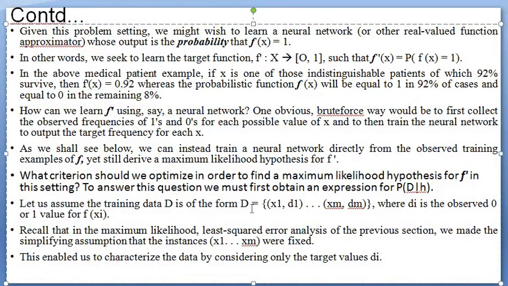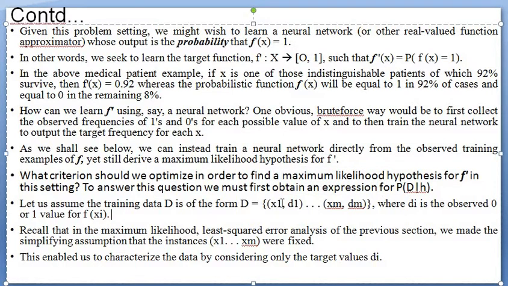We already know that the training data has a couple of attributes: one is the instance value, another is the target value. Here d1, d2, d3 up to dm is the observable data, and its value varies between 0 and 1, and xi is the value in the input instances.